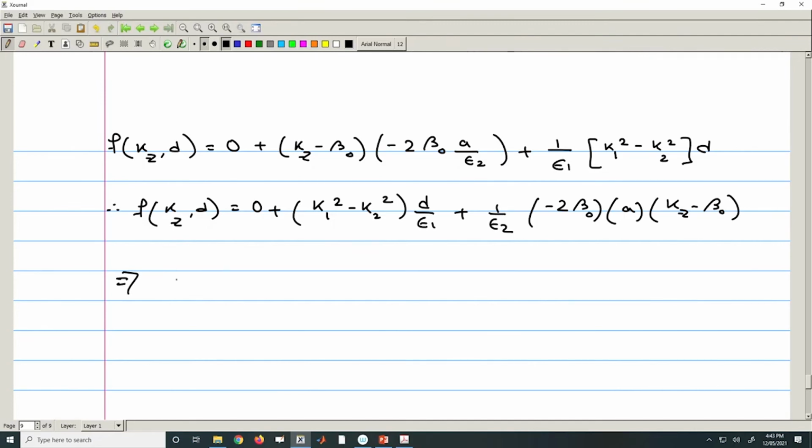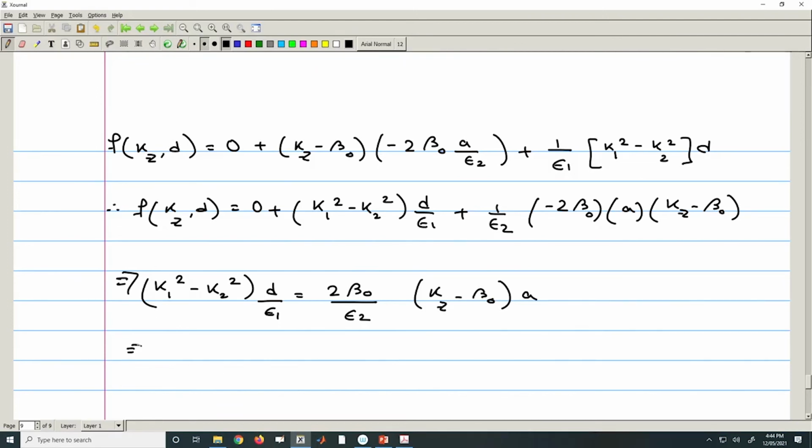Therefore, we can write this as (k1 square minus k2 square) d upon epsilon 1 equals 2 beta naught upon epsilon 2 times (k_z minus beta naught) times a. Okay.